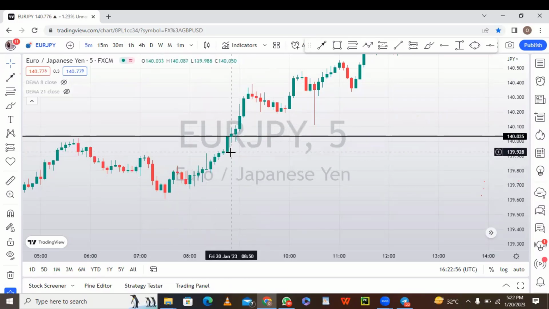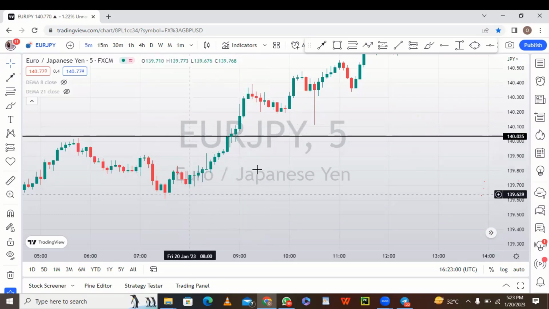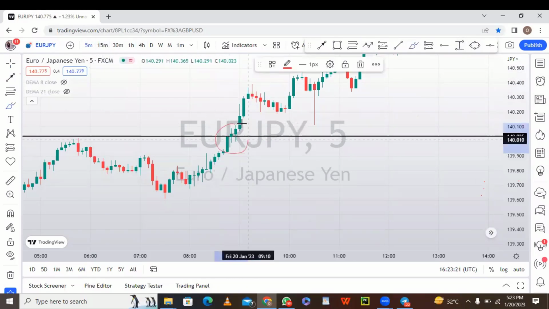But what you don't know is you should also pay attention to consolidation before that particular zone was breached. Okay, you have to pay attention to consolidation. That is the reason why I stayed down to the 3 minutes or 1 minute time frame to check what exactly happened at this particular level.